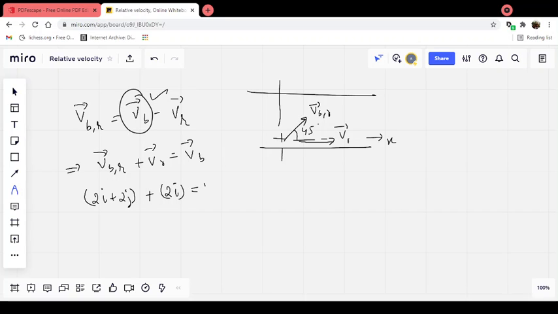So the boat would travel in x direction a little bit faster, because the river is giving it some additional velocity in x direction, that is the i cap direction. That's why its velocity in i cap direction becomes 4 i cap and its velocity in j cap direction remains j cap, and this is the velocity of boat. The velocity of boat with respect to ground is 4 i cap plus 2 j cap meters per second.